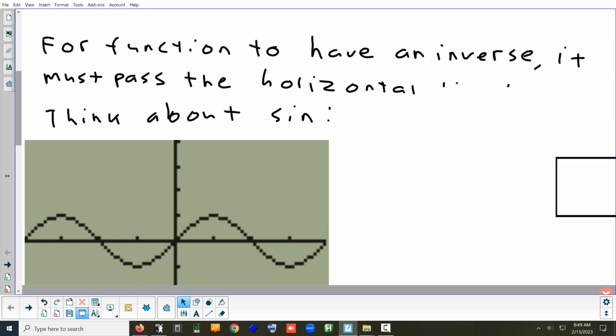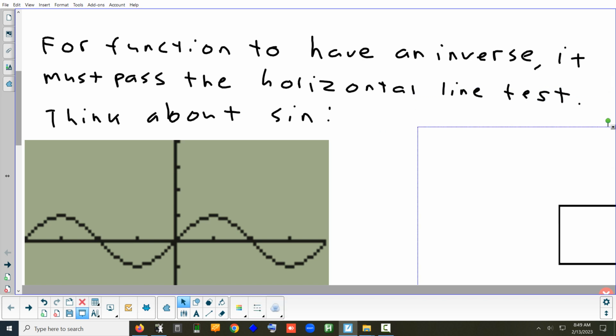But now I want to think about inverse sine. And up above it says for a function to have an inverse, it has to pass the horizontal line test. That means if you draw a horizontal line, it only hits your graph once. If I put a horizontal line in there, will it only hit my graph one time?